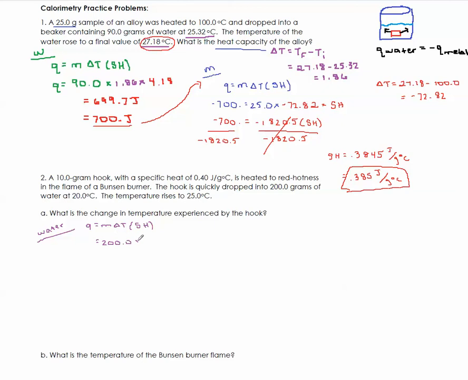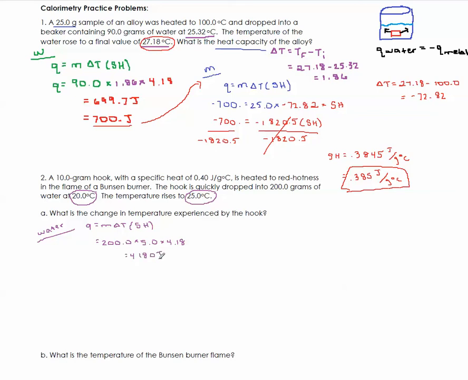Okay. Change in temperature, my final temperature is 25. My initial temperature is 20 for water, and so my change in temperature is 5.0. My specific heat of water stays the same at 4.18. And what I get is 4,180 joules.